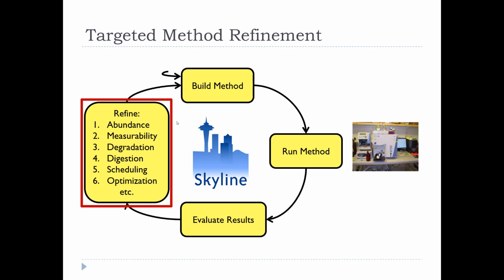There's digestion, like how well is this thing released. And if you understand the digestion, there are some peptides that you may not be digesting optimally for. There are some peptides that start to degrade if you digest for too long, and that also can add variance. And then when we really get into targeted, we start doing optimization and stuff that we would never do here.